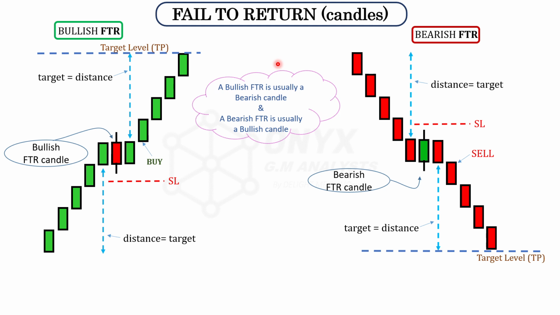Well, that's not in all cases. Sometimes you find that this FTR is the same color as these other previous candles. But normally, under normal circumstances, you will see a bullish FTR being a bearish candle. Same explanation goes to this one here, but in opposite directions, of course.